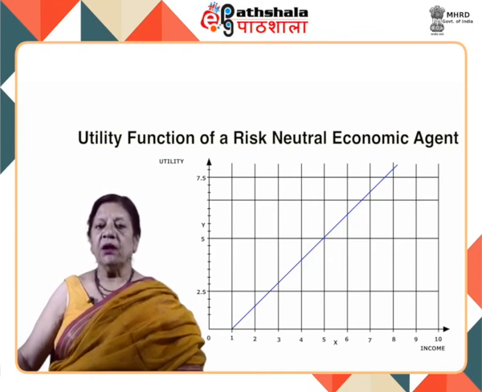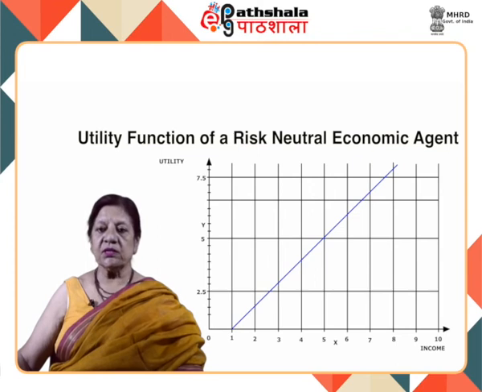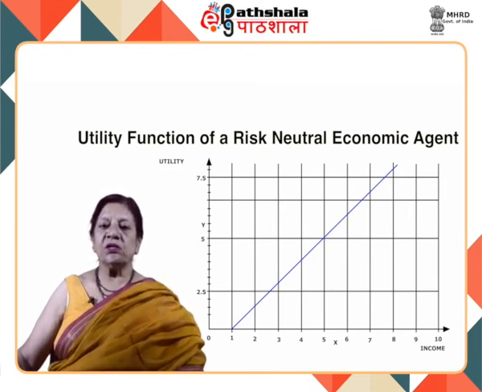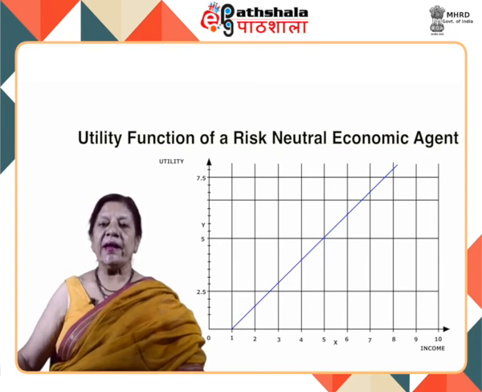The utility of the expected income U(E(Y)) is 5, and the expected value of the utility of the outcomes E(U) is 5, with E(U) = (0.5 × 2 + 0.5 × 8) = 5.